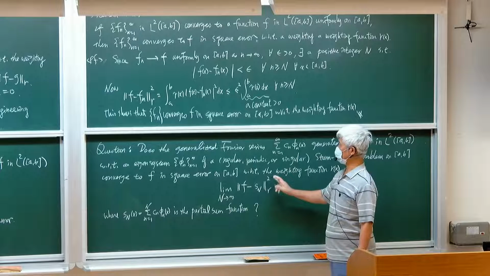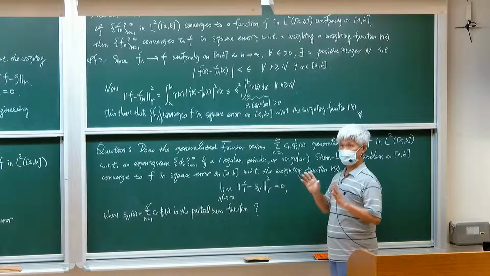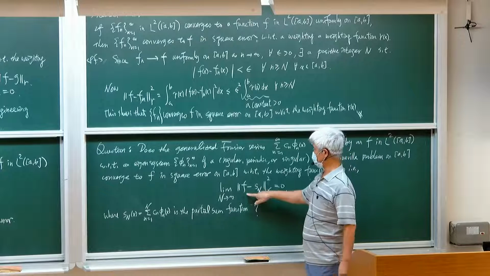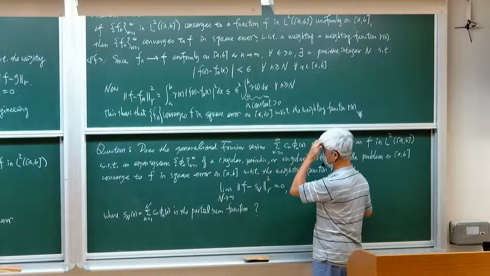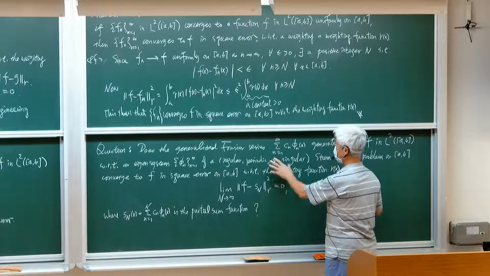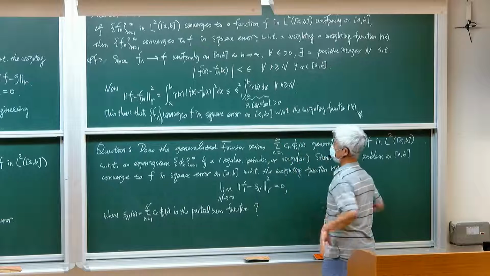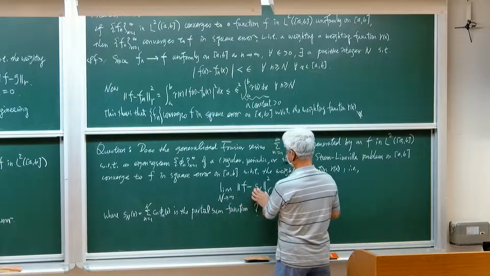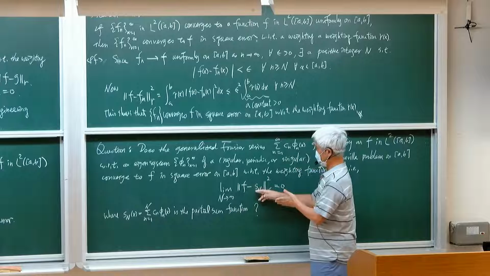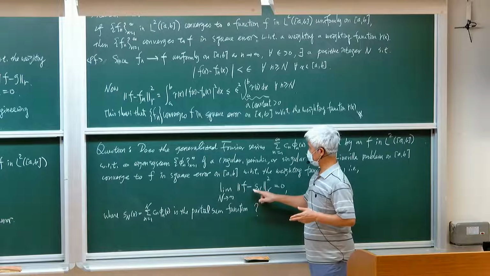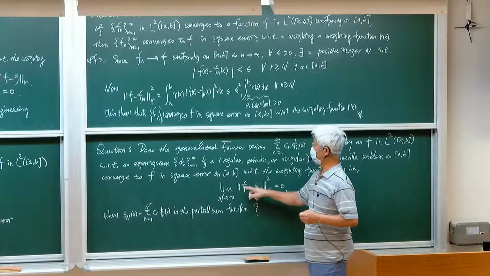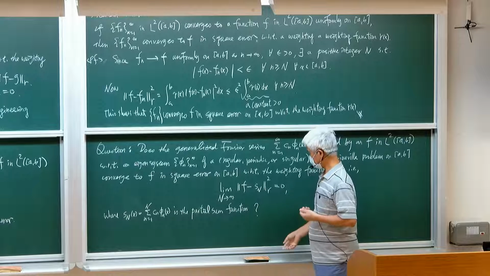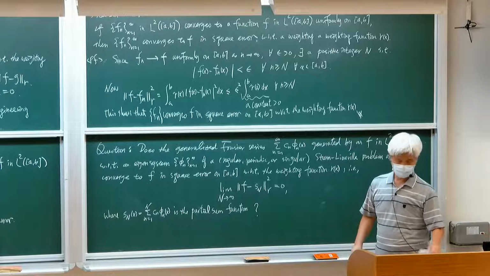Here the sense of convergence is in square error, so we will look at the distance. Once we have a generalized Fourier series like that, and we have partial sum functions, of course they have some distance, but the distance between the partial sum function and the function f goes to 0 as n goes to infinity. So we want to answer this question.